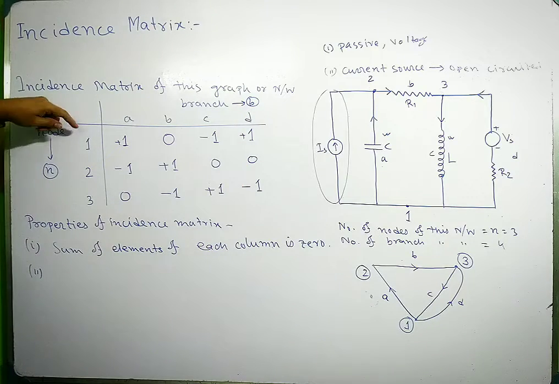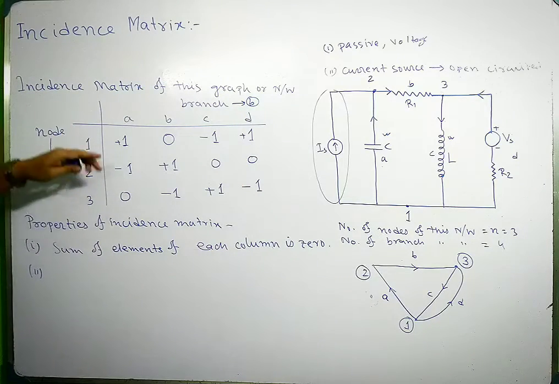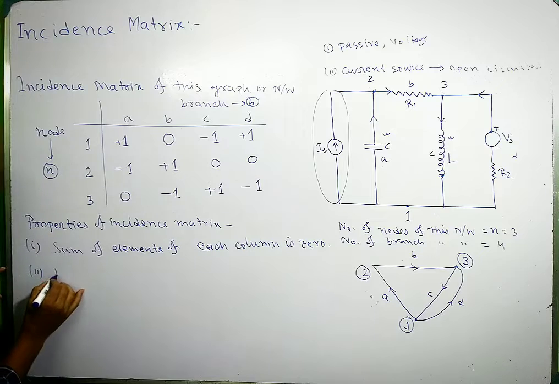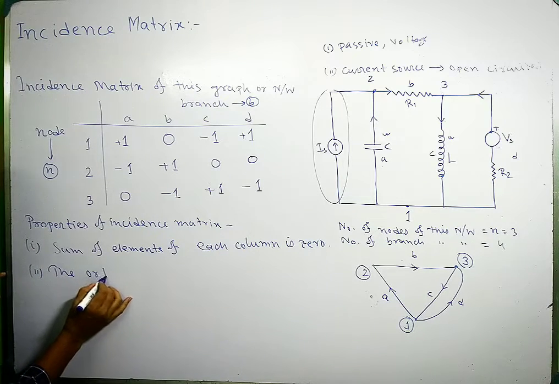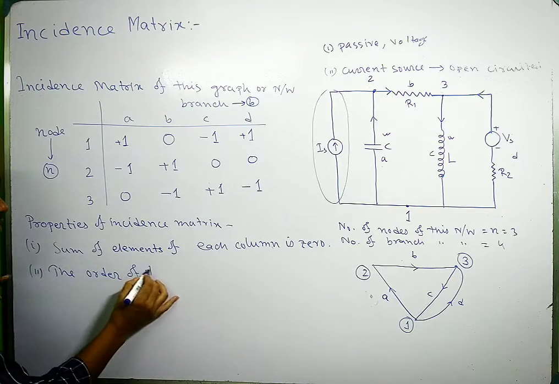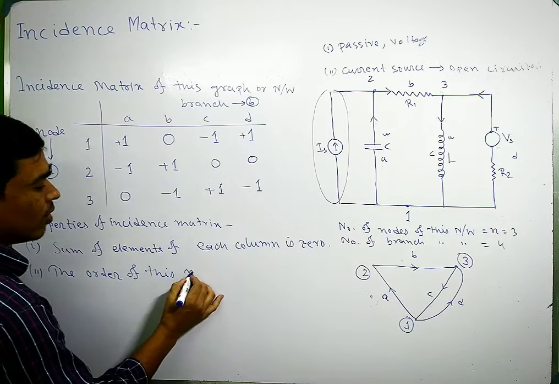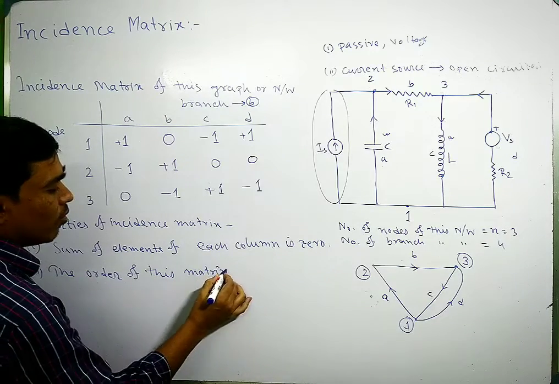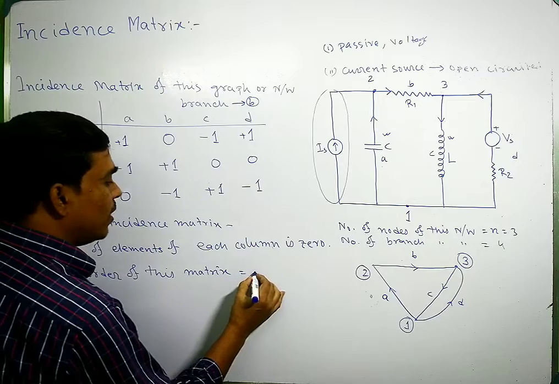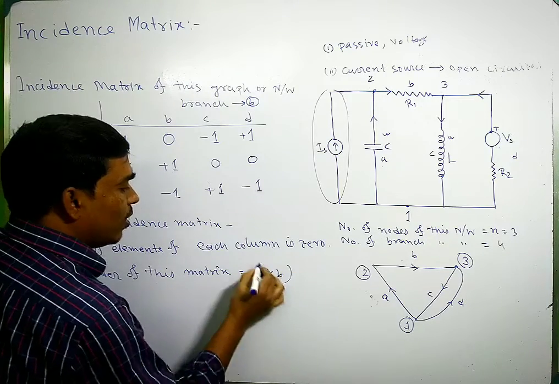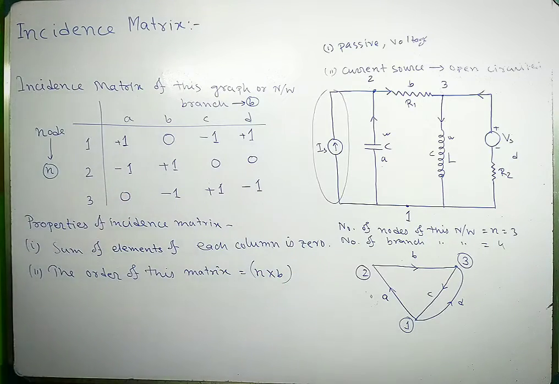So this represents the number of nodes and this represents the number of branches. So the order of this matrix will be n by b.